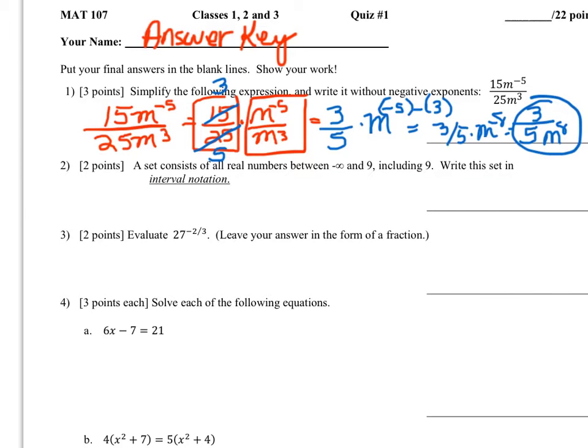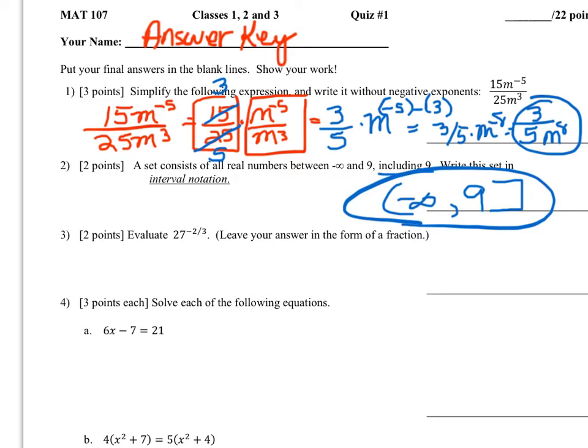For example, in this case, we are going to include 9. And that's going to be our larger number, so we put that to the right. Negative infinity cannot be included, so we have a parenthesis. So all the numbers between negative infinity and 9 can be represented by this interval notation. It's the set of all those numbers. So this is what we're looking for in this particular problem.